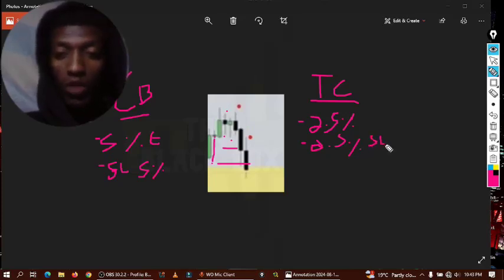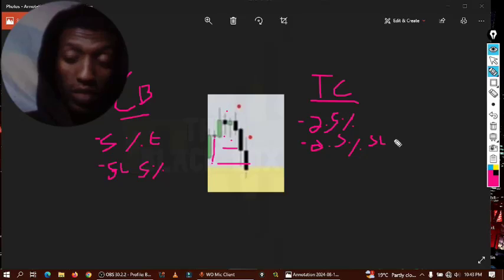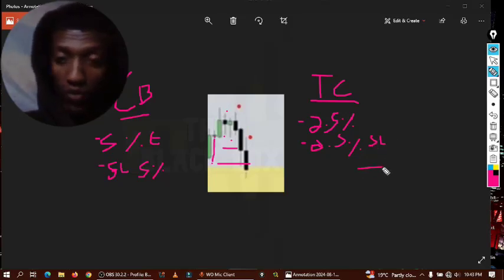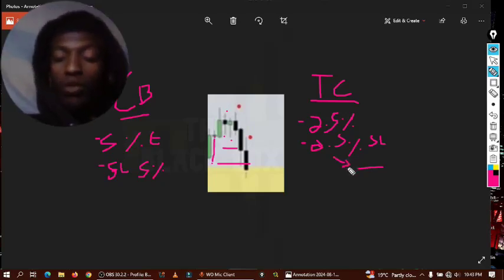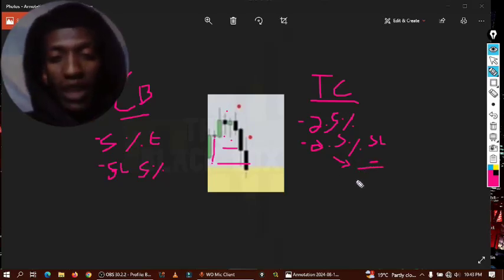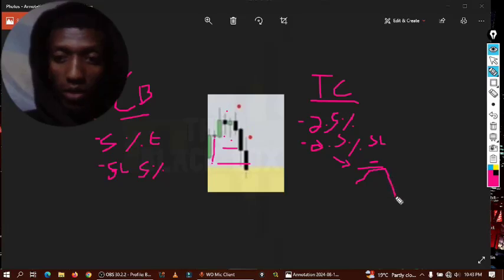It would be even better if you place it a little bit above 2.5%. Why? Because the price can still come back up, make equal highs, hit your stop loss, and then collapse if you sold that thing. It didn't technically break anything.